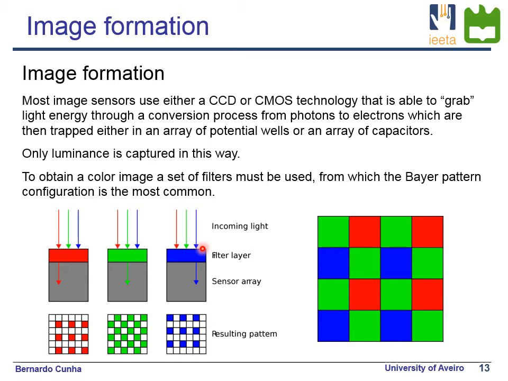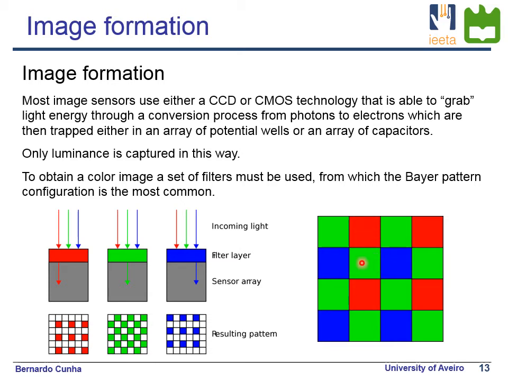The most common way of building up these filters in front of the sensor is by creating what we call the Bayer pattern. A Bayer pattern is the repetition of these 2 by 2 square pixels. So these 2 pixels on the diagonal are green. That means there are green filters in front of them. There is one blue here and one red there.